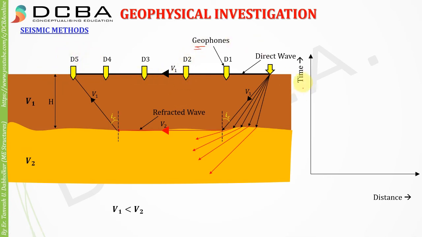If we try to plot a graph of time versus distance, then at distance D1, geophone 1, we record a certain time. Then at D2 we record some different time, at D3, D4 and then at D5.